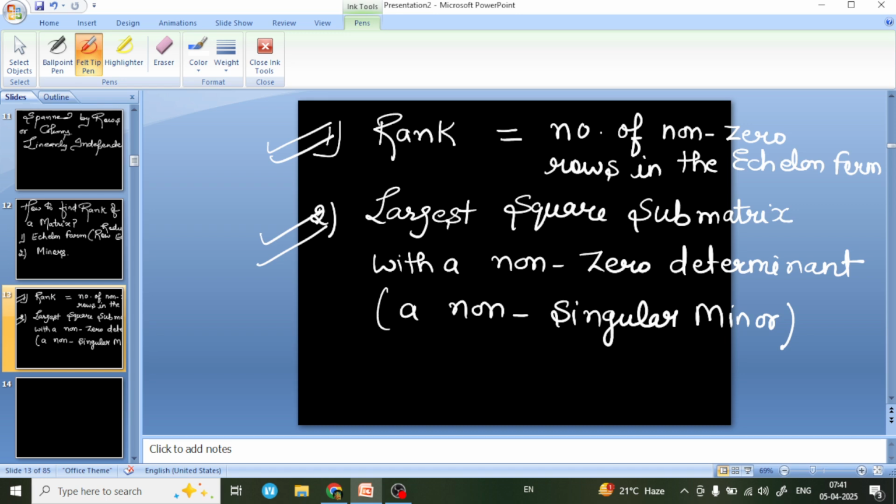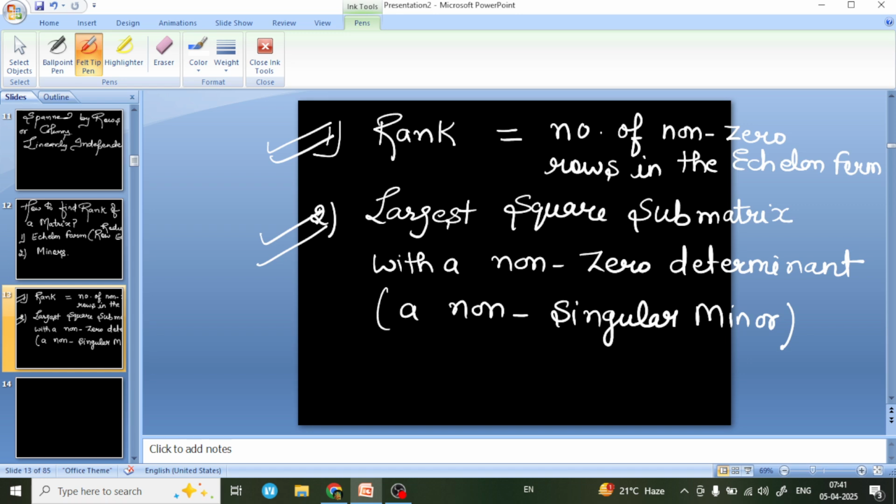You should keep in mind some basic points: the rank of a matrix cannot exceed the smaller of the number of rows and columns.